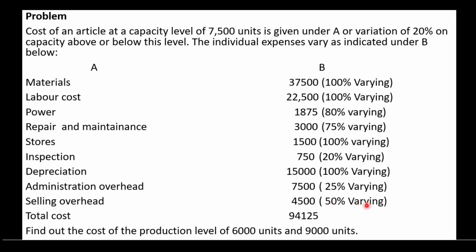Here the 50% is varying and the remaining 50% is fixed. So the total cost of all these items is rupees 94,125. So find out the cost of the production level of 6,000 units and 9,000 units.